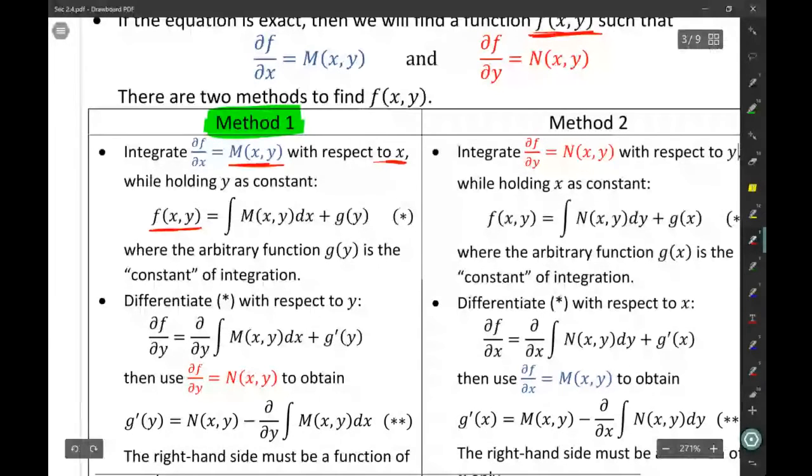I mean, f of x,y will be the integral of M of x,y with respect to dx plus a constant. But here M of x,y is a function of two variables, so the constant is a function g(y), not a constant c, because the derivative of g(y) with respect to x becomes 0.